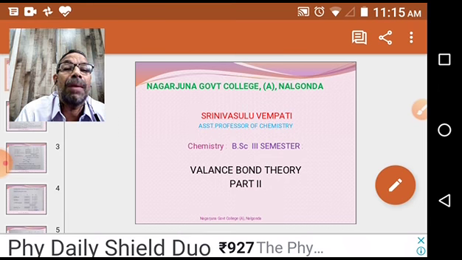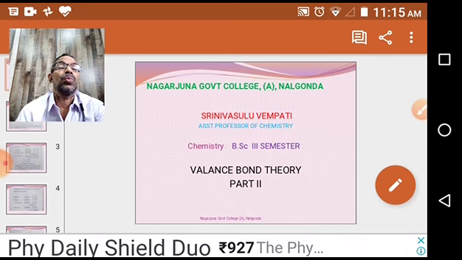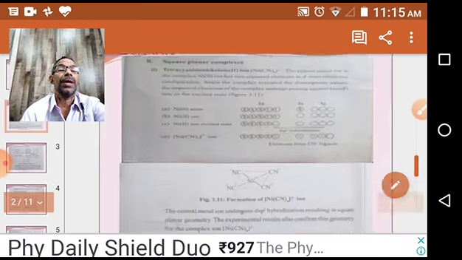These are the important postulates of valency bond theory. Then we discussed in the last class that this theory is applied to tetrahedral complexes.